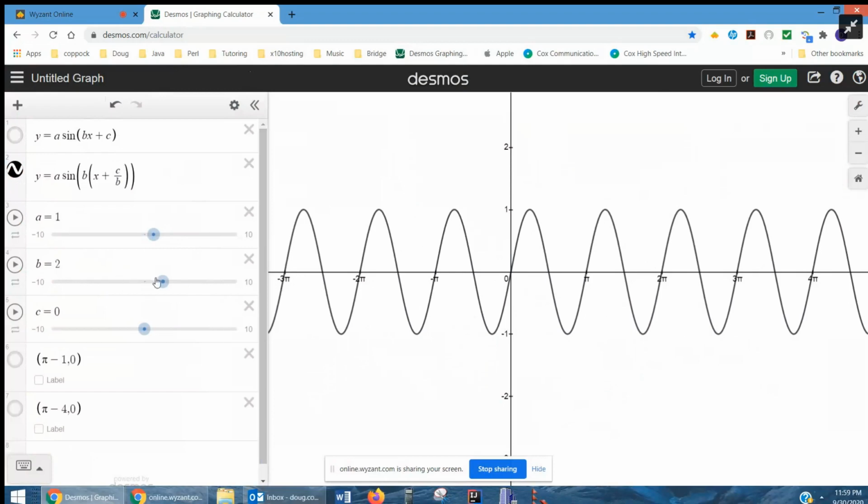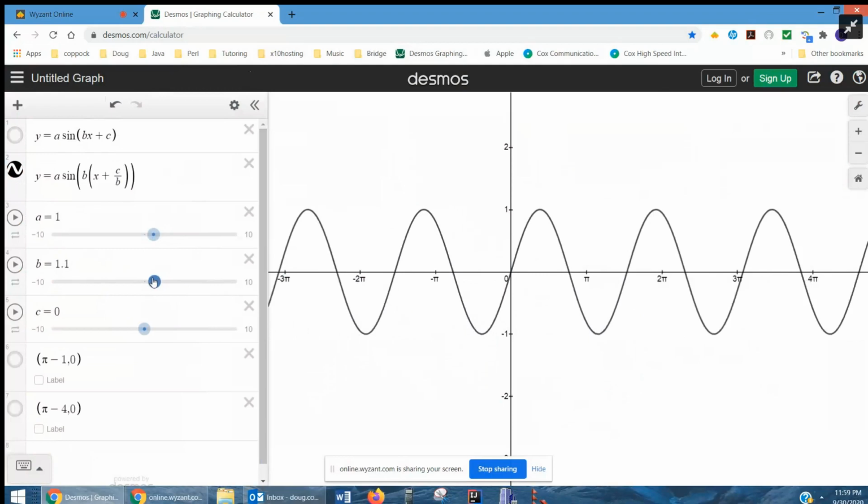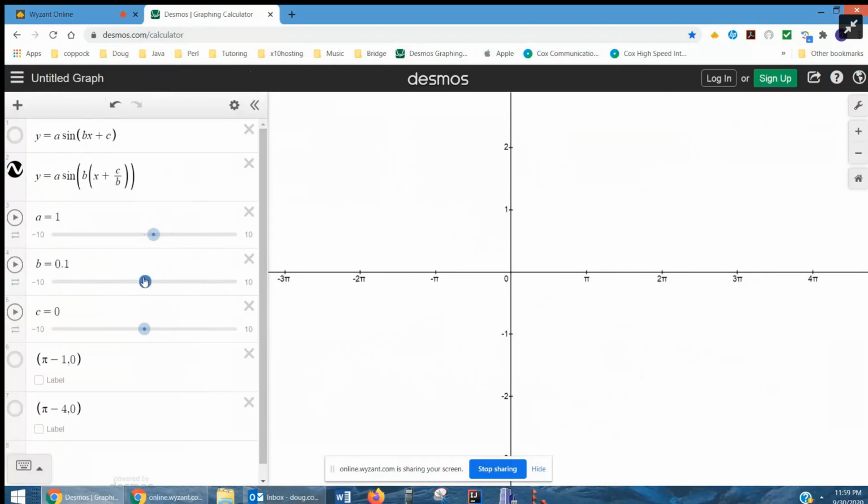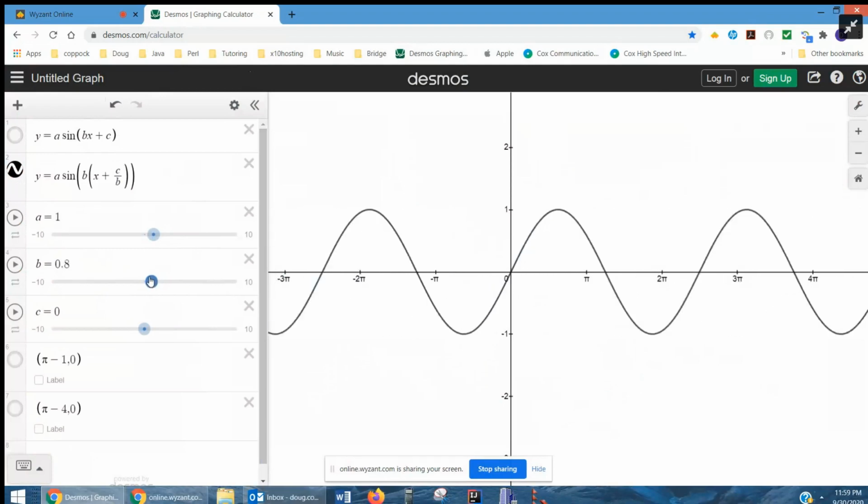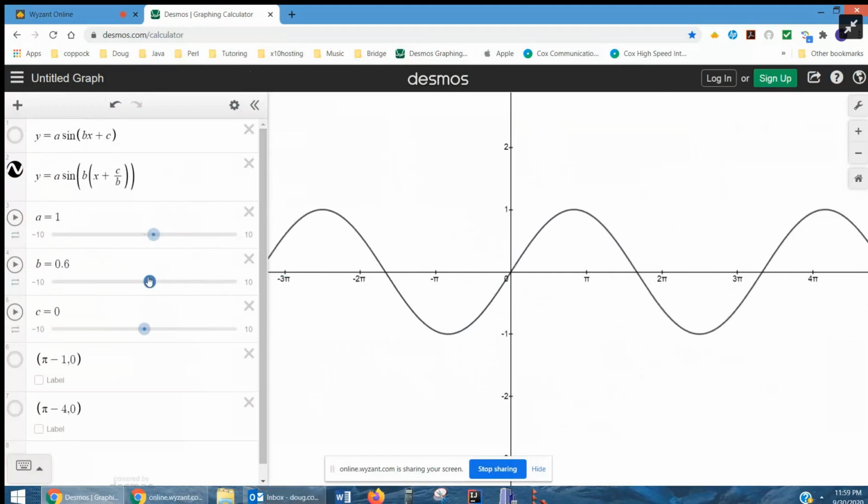If we have a value that's less than 1, like 1/4 or 1/2, let's say 1/2. I can't get it to 1/2.